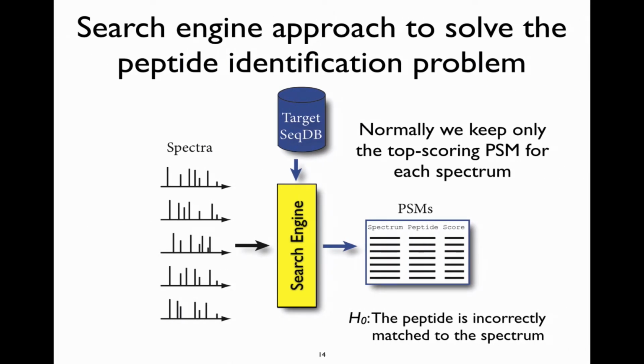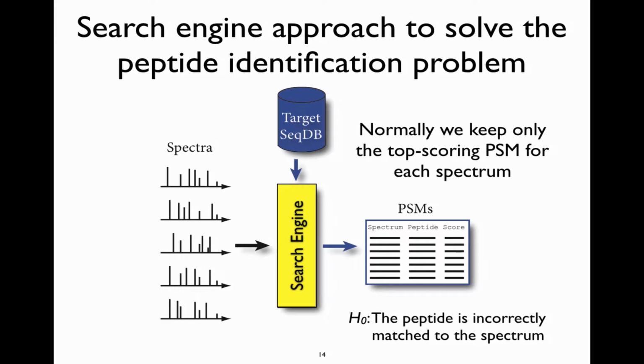By far the most used program to do so is what we call search engines. A search engine takes an observed spectrum and compares it to all the theoretical spectra of a certain target database. Normally we only keep the top scoring PSM for each spectrum.